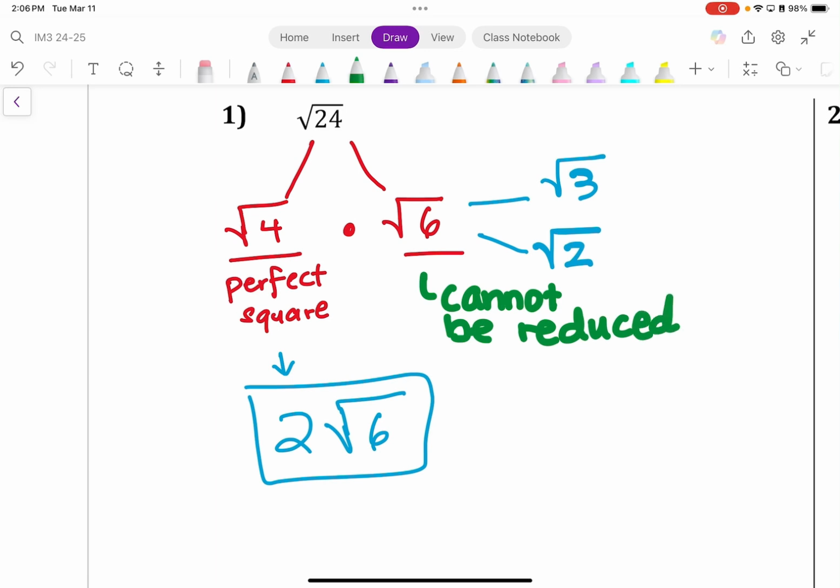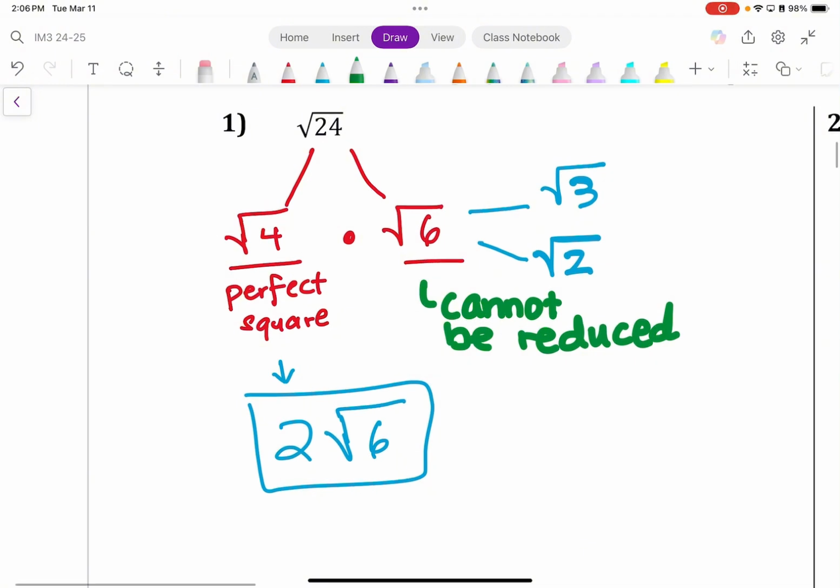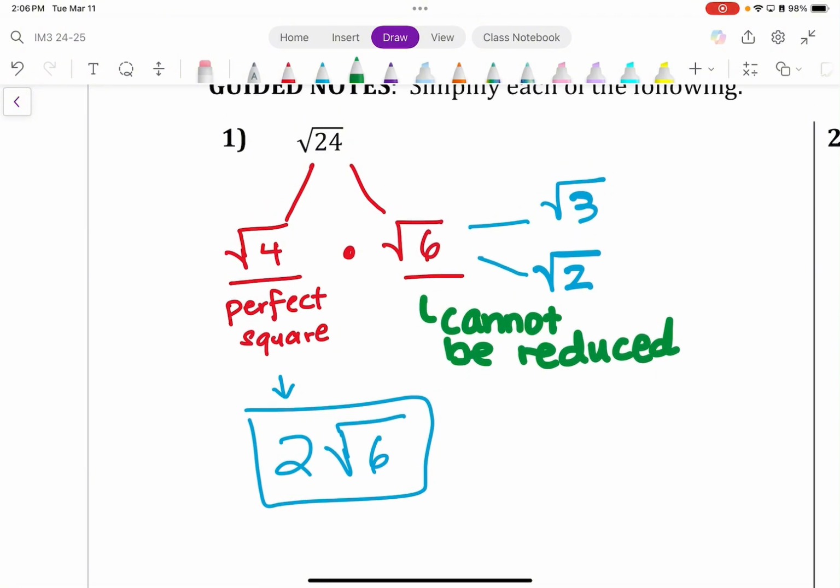Okay? So the simplest that we can rewrite the square root of 24 would be as 2 radical 6. Okay? Let's look at the next example now.